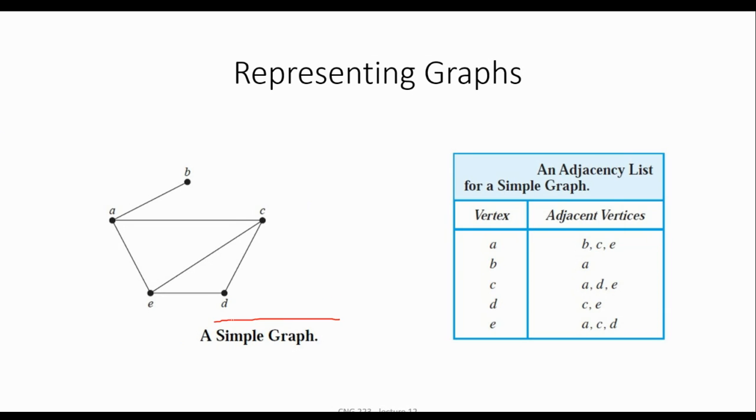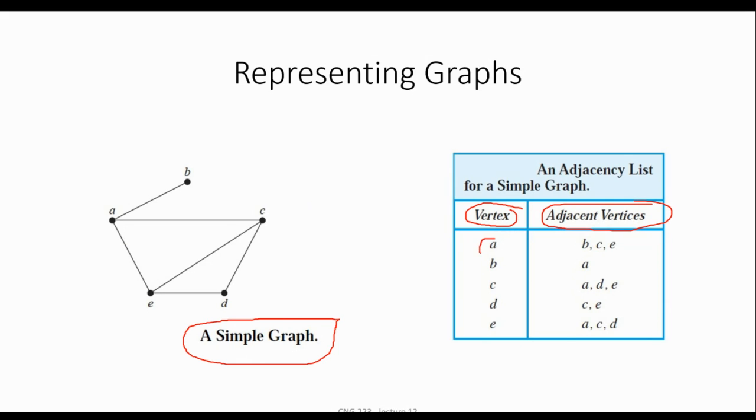So assume that you have a simple graph like this. And here I want to have the adjacency list for that, as we can call this table. So the first column belongs to vertices, the next one to adjacent vertices, which belongs to undirected graphs.